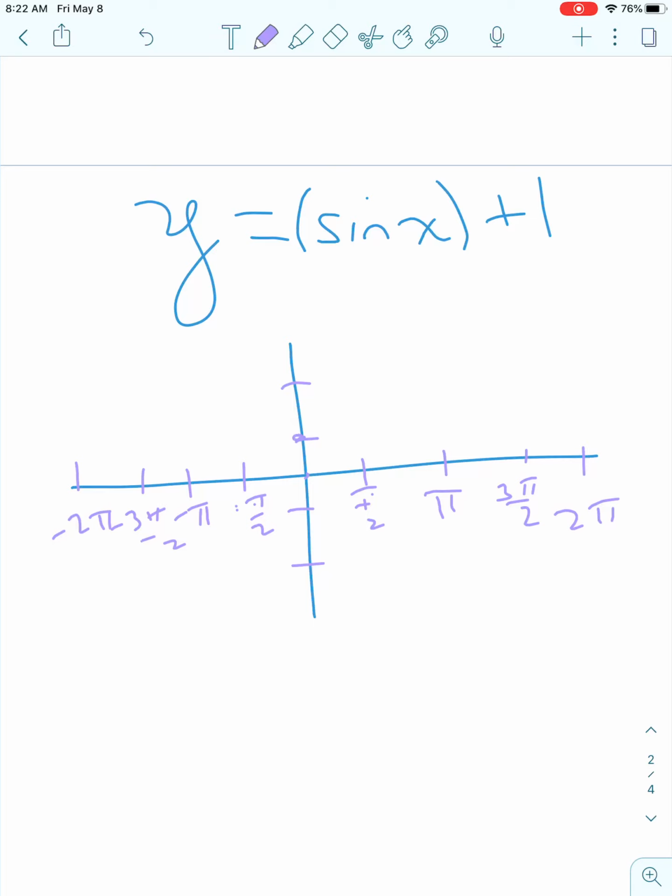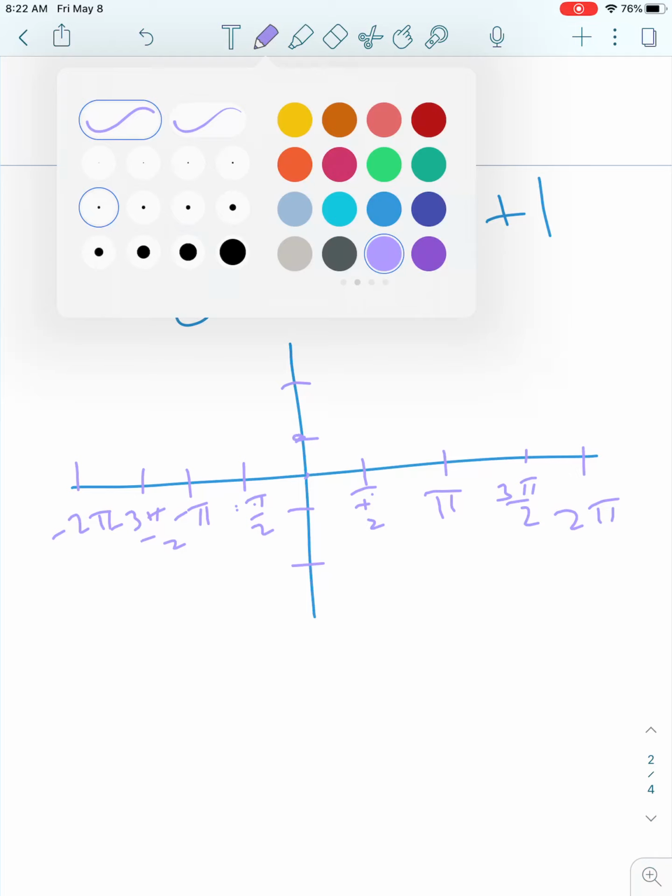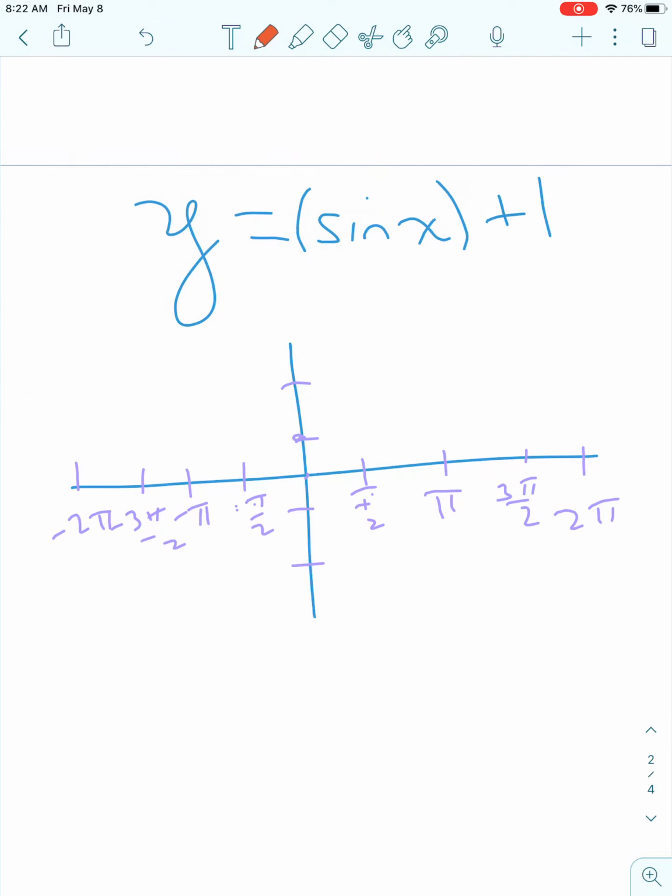So all we're going to do is, let's go ahead and just even remind ourselves using a dash line. Sine of 0 is 0, sine of pi over 2 is 1, sine of pi is 0, sine of 3 pi over 2 is negative 1, sine of 2 pi is 0. This would be my normal picture.